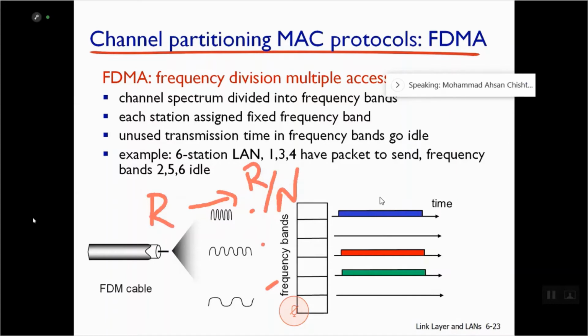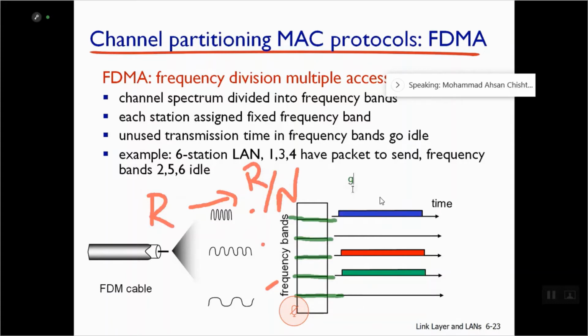Now you can see in between the frequency bands there is a line. I would depict this line with a green color here. You might have studied this in FDM also. These lines in green depict guard bands.